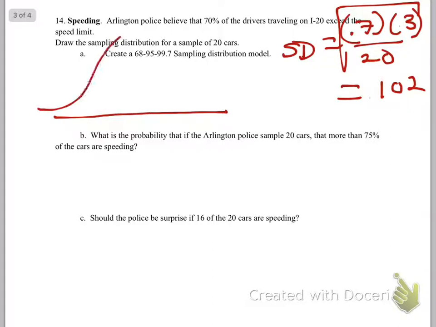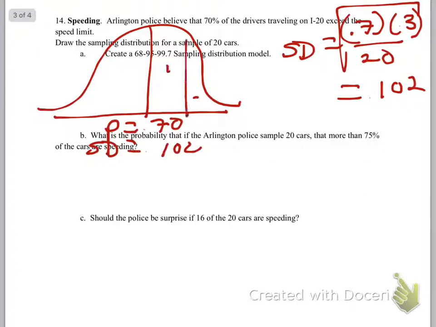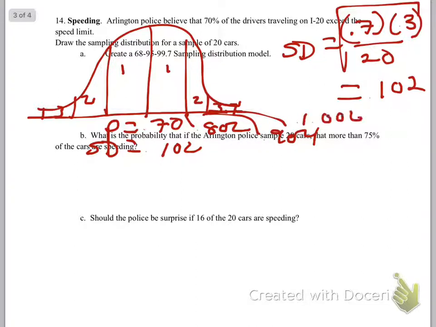So draw my horizontal line, I draw my bell curve, I label this, and my SD is equal to 0.102, and I need to go 1, 2, 3 out, and then 1, 2, 3 out. Okay, so now I'm going to add, so 0.7 plus 0.102, and I get 0.802, and then I add, and I get 0.904, add again, and I get 1.006.